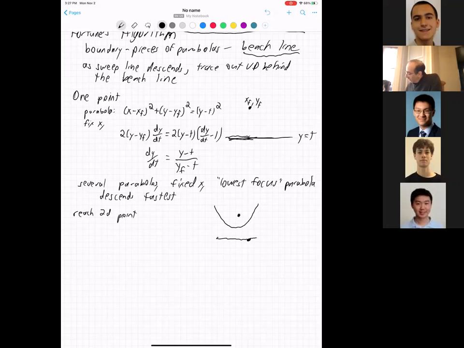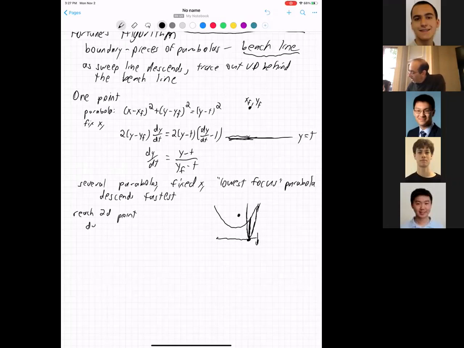Well, if you think about it, we basically start by creating a degenerate parabola at the moment that we hit the point, right? And then immediately that parabola begins to widen and descend as we move through the second point. Make sense?